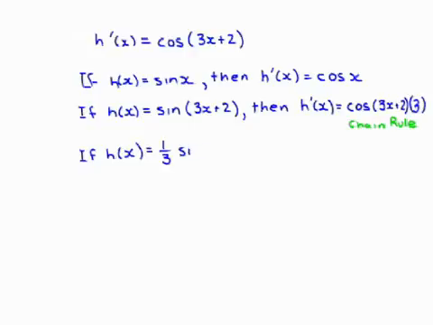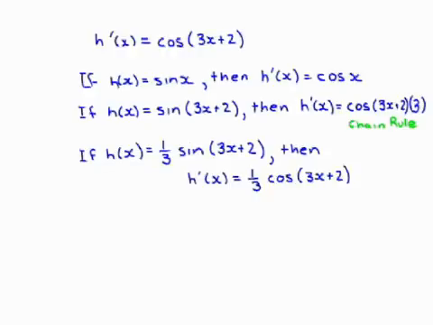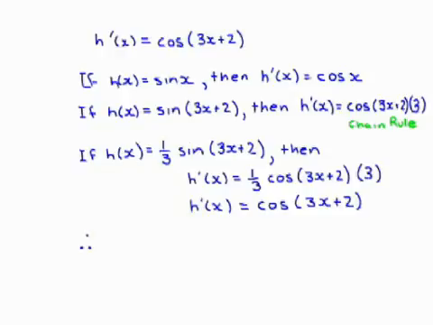Now when I take its derivative, h prime of x, using the chain rule, I'll have 1/3 cosine of 3x plus 2 times 3. The 1/3 times the 3 gives me 1, so that I end up with h prime of x equaling the cosine of 3x plus 2. That was the derivative we were given at the beginning of the question.